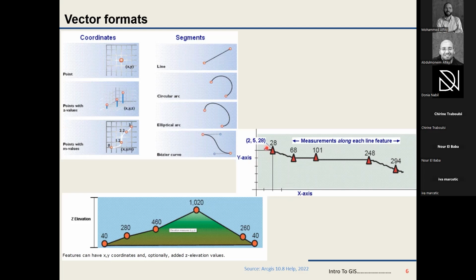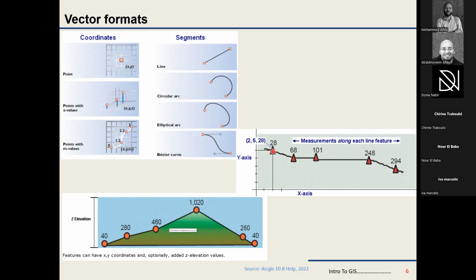And then we have a measurement along the feature itself. So let's say that this feature line from this point to this point is 300 meters. What I'm actually doing is saying how far along the line feature itself this vertex, this vertex and this vertex are.